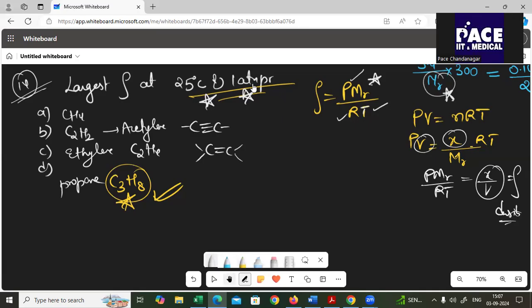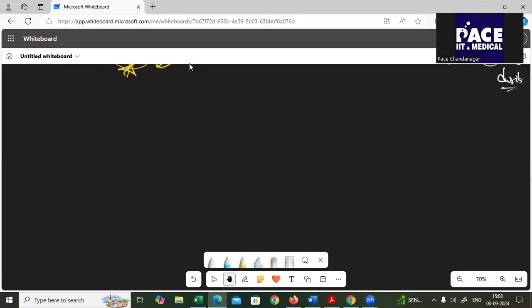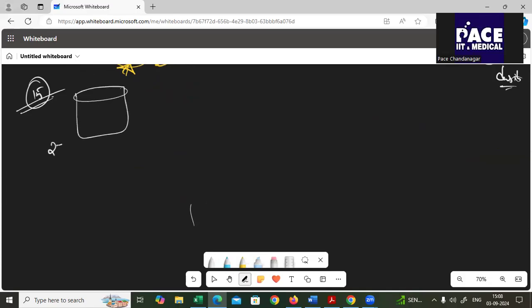Next, question number 15. Let's move on with the next question. To expel half the mass of air from a large flask at 27 degrees Celsius, it must be heated to what temperature to expel half of the mass?